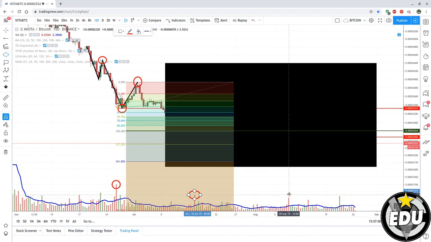Let's trace this other one and see how they are doing after. 3 and 4. So volume increased more than the average, about twice that.